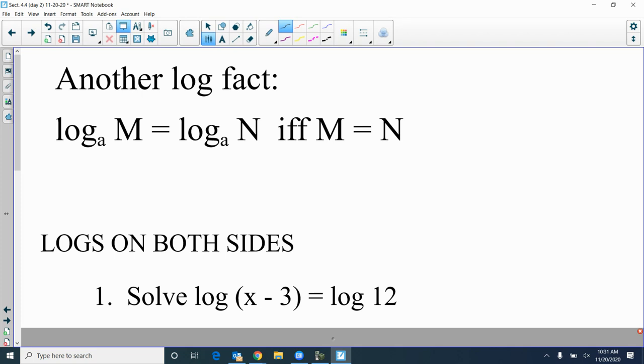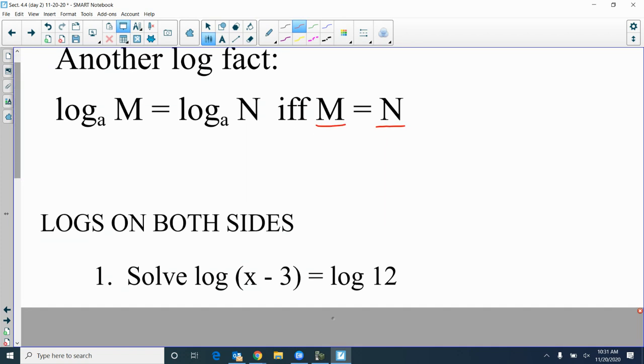And it's just a common sense property, but if you got two logs equal each other, that means that whatever we're taking the log of has to equal each other. M equals N. I think that's, like I said, that's like a common sense one. Don't overthink that. All right, take a look at that first one. And again, don't overthink this one.